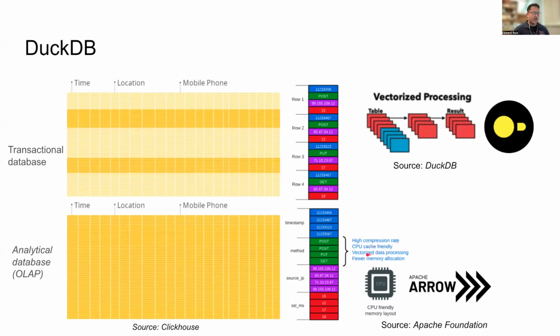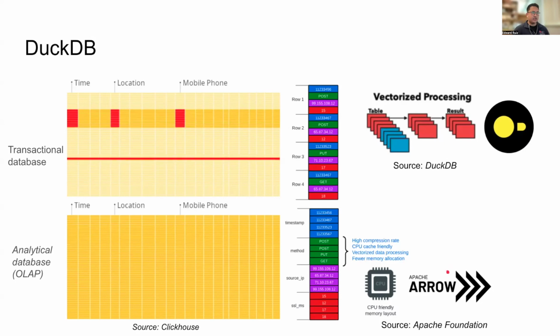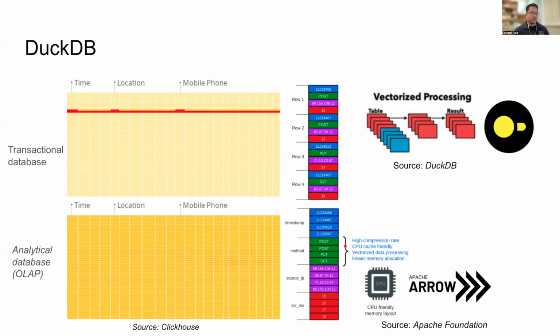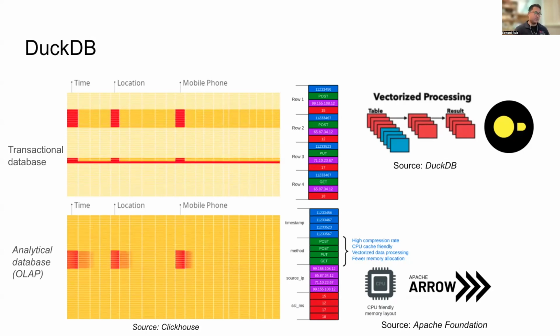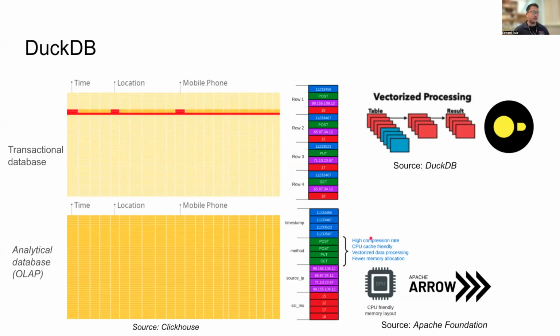This is easier to cache, it's easier to vectorize, and DuckDB has a very famous vectorized processing model that is very fast. And it's also easy to take this data and work with it back and forth from the web to even your Android phone. I think they're working on things like that.